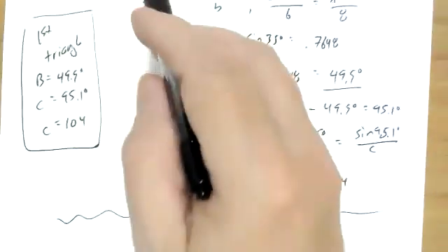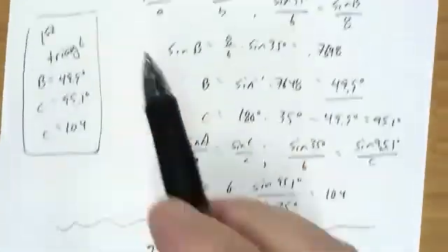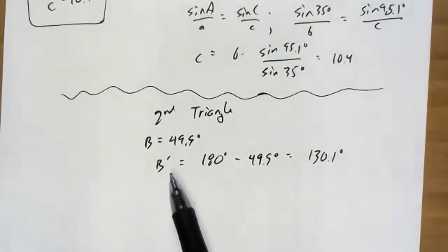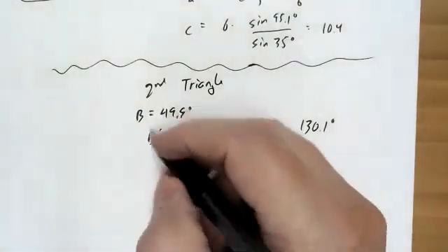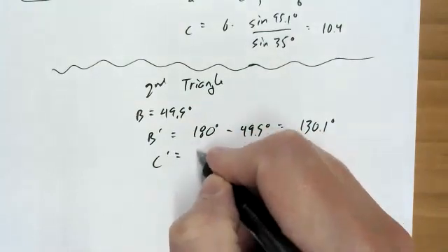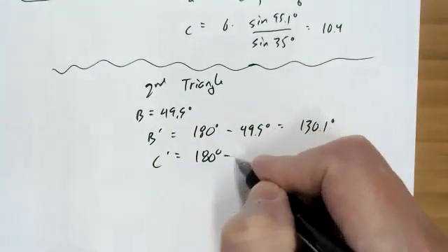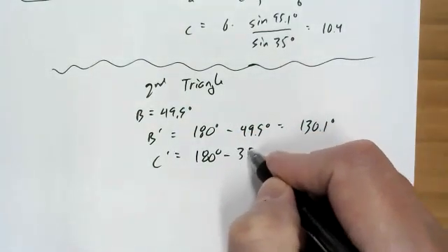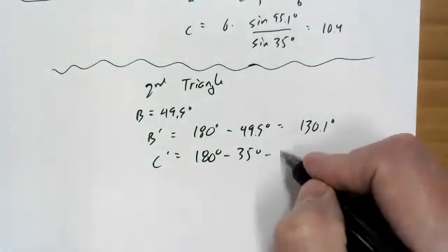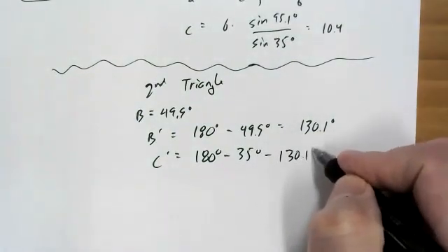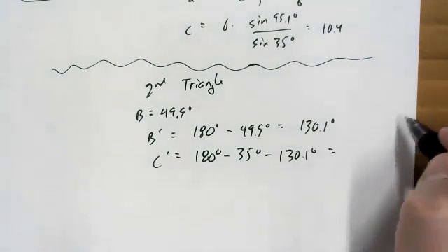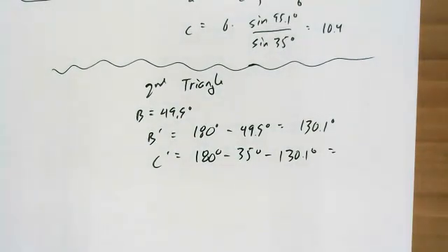So we know angle A is 35. The new angle B is 130.1. The new angle C is 180 minus angle A, 35 degrees, minus 130.1 degrees. So if this is a positive number, then we do in fact have a second triangle.